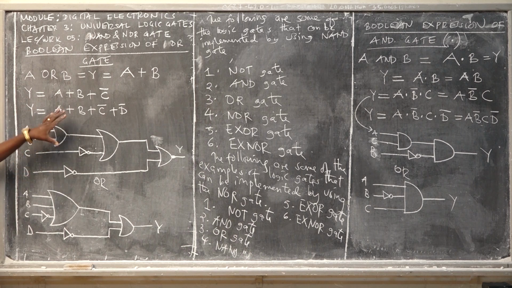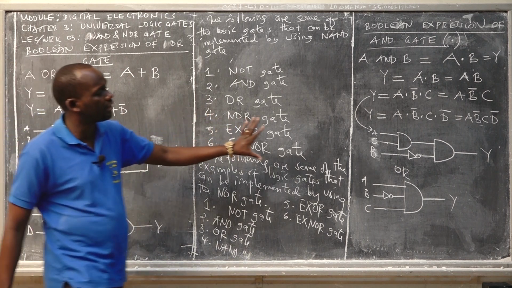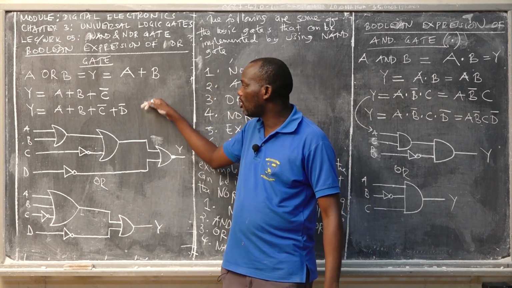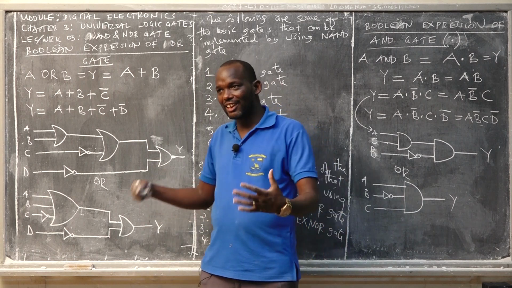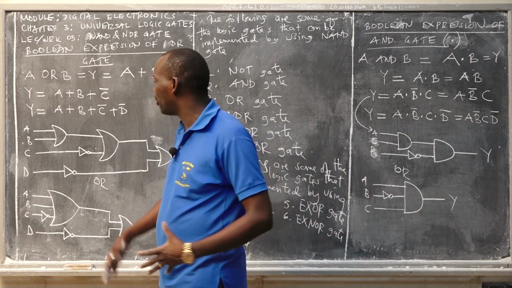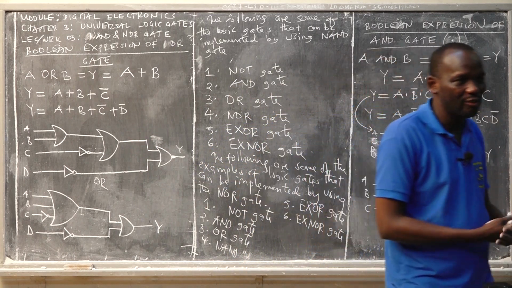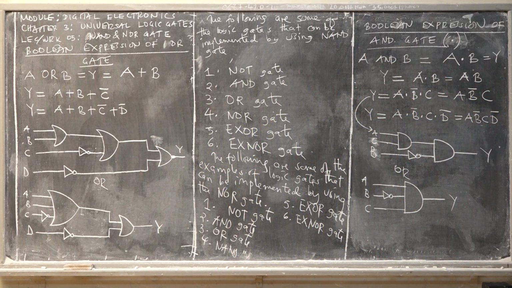So remember that for this case, we have learned the Boolean expression for the AND gate and NOT gate, and for this case, just the OR gate and NOT gate. Later on, you can learn or find the Boolean expression which consists of all the 7 types of the logic gates.